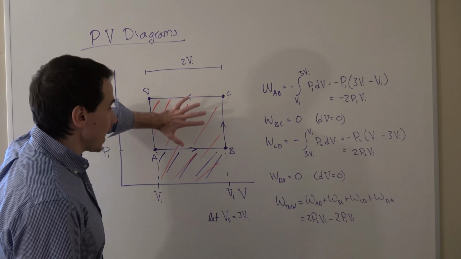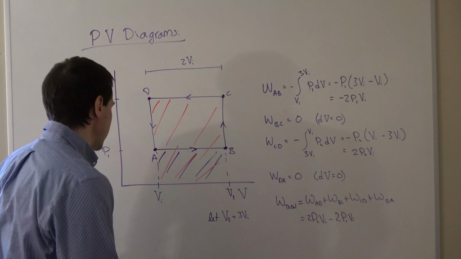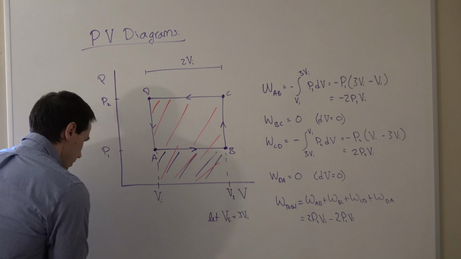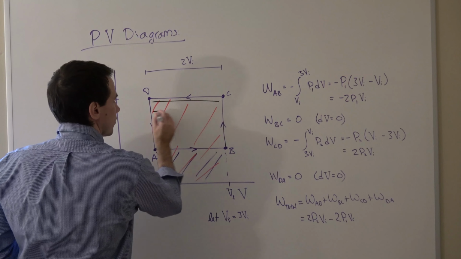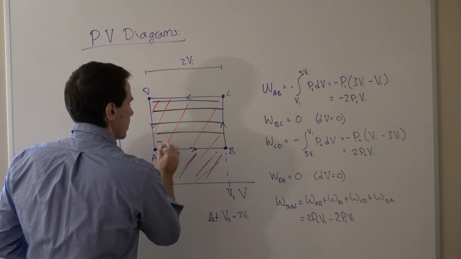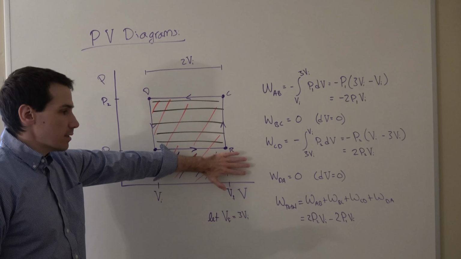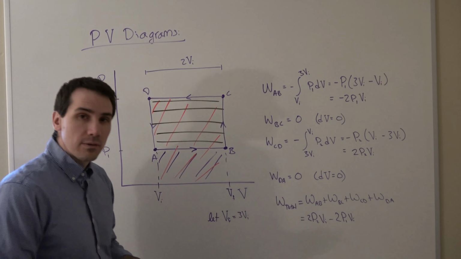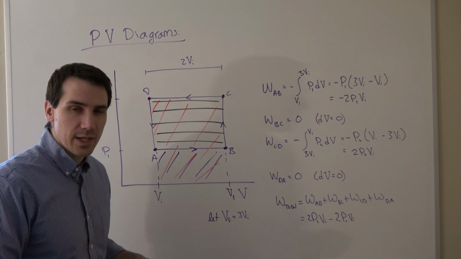That is the red area minus the purple area. When you take that into account, what you end up with is just the area inside of the box, the black marked area. This area down here gets subtracted out when we do the total work around the entire cycle.